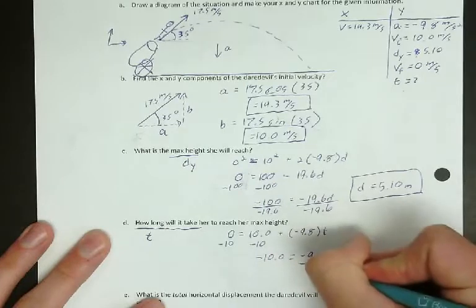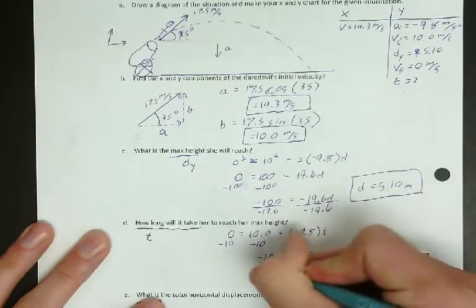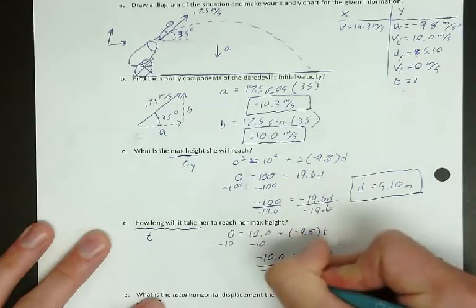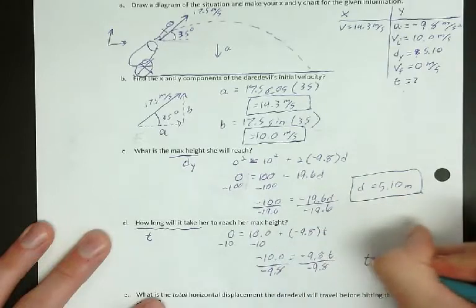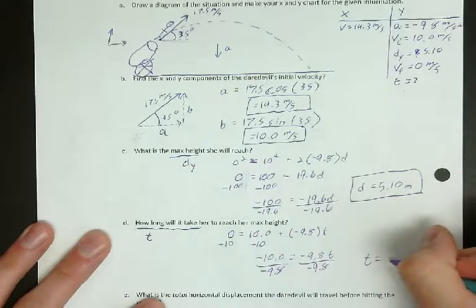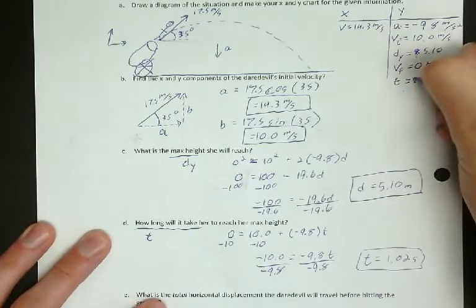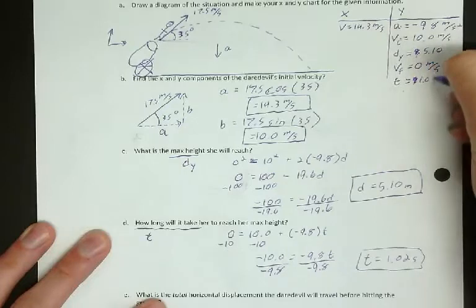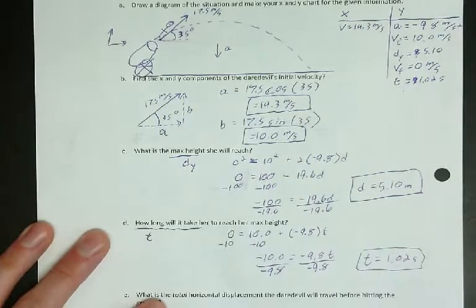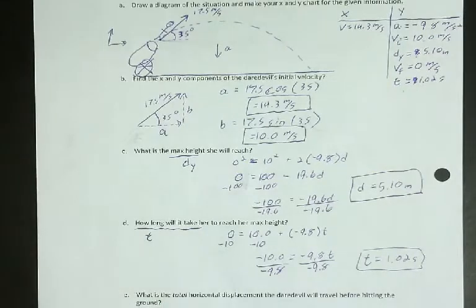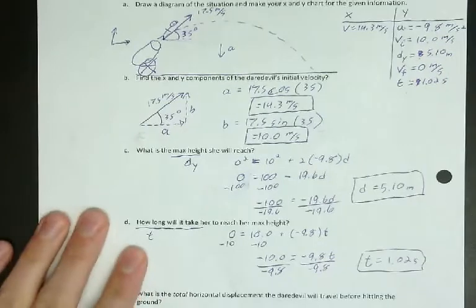Divide the negative 9.8 to both sides. And we got t to be 1.02. Okay, almost done.